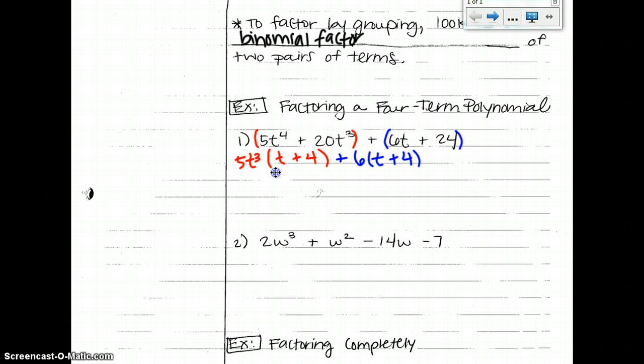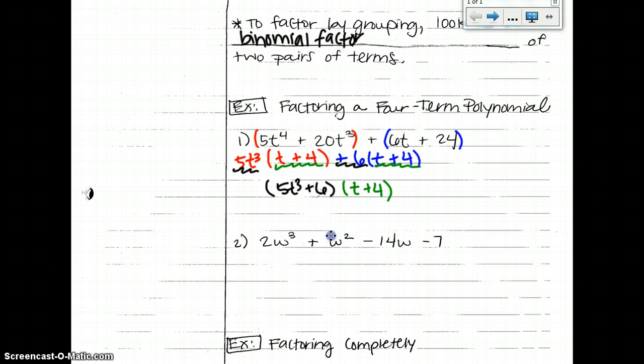Okay, notice how both in the red and the blue we have t plus 4 in common. So we are going to write t plus 4, and we are going to multiply that by the sum of our 2 terms that are left over, 5t to the 3rd plus 6.